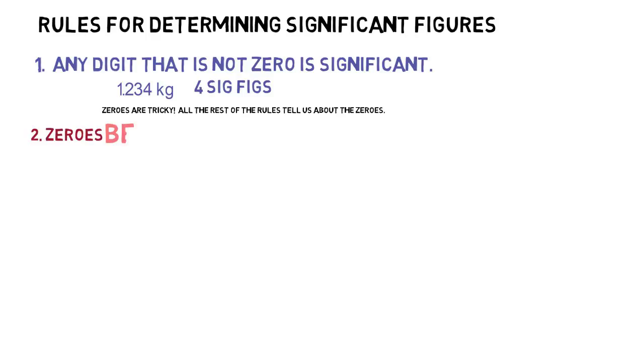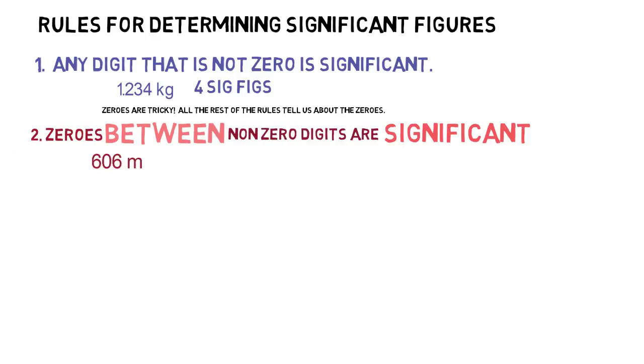The second rule says that zeros that are between non-zero digits are significant. This means if you have a number like 606 meters, that 0 that is between the two sixes is significant, and you have 3 sig figs in that number.